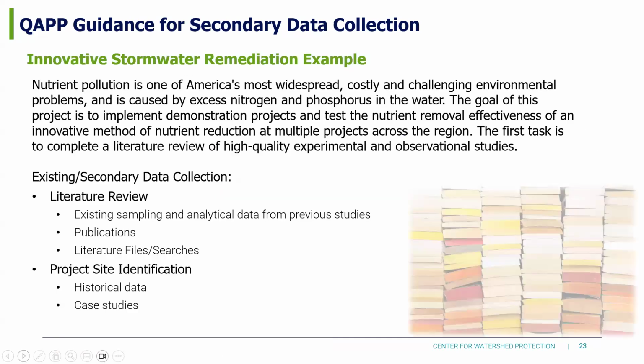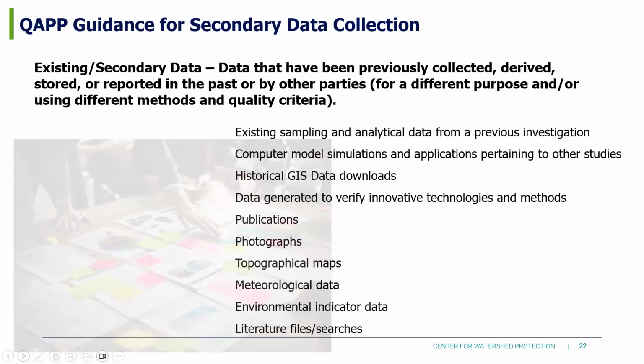So this commonly comes into play for watershed plans. You'll be collecting a lot of historical GIS data or even sampling data for water quality that has previously been collected, and also for literature reviews. All right, next slide.